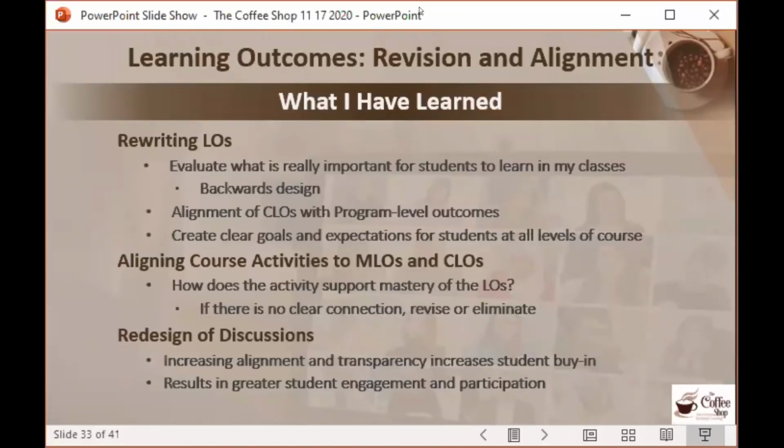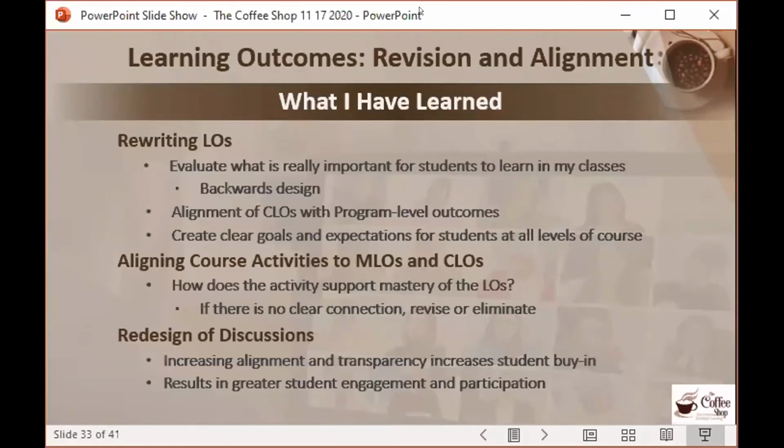And it broke my heart to have to majorly redesign those projects, but I redesigned them. One of them I eliminated, so we no longer do that. I replaced it with something else. So really, if you do this work, you have to take a hard look at what you're doing and make sure it's supporting these learning outcomes.